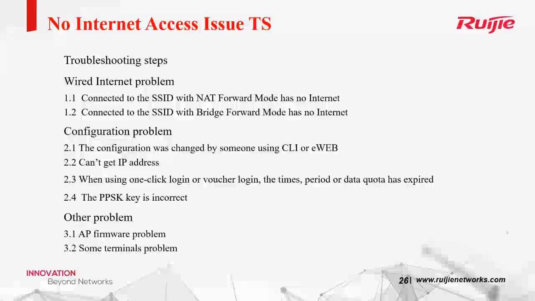When you find you suddenly have no internet, maybe you use the one-click login or virtual login, and the tenant period or that code has expired. Some other problems are IP firmware problems and some terminal problems.